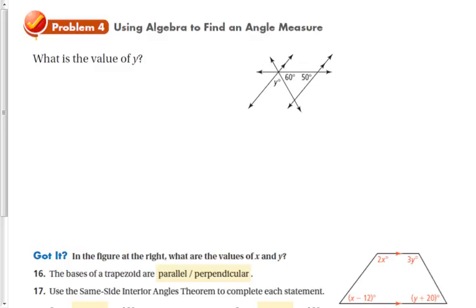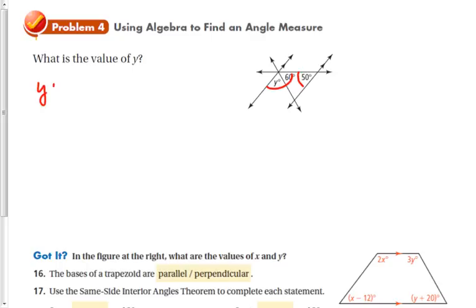All right, problem 4, what is the value of y? We need to notice what is parallel, and these 2 lines are parallel. This would be considered the transversal. So this angle right here and this angle right here are congruent, but the ones that we want, this one and this one together, are same side interior angles, and they are supplementary.